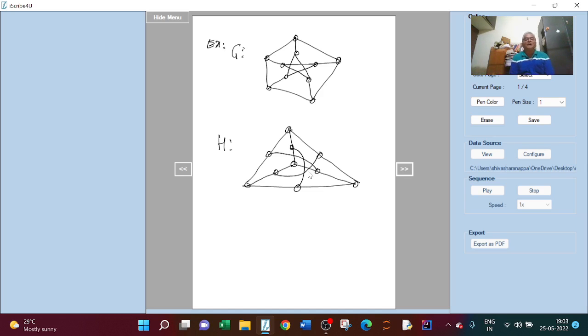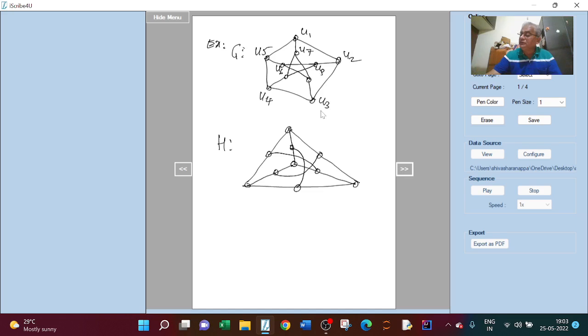For that, we have to verify the adjacency. So for that, what I do here is, first I label the vertices of G as U1, U2, U3, U4, U5 like this. Then I take this vertex as U6, and this as U7.